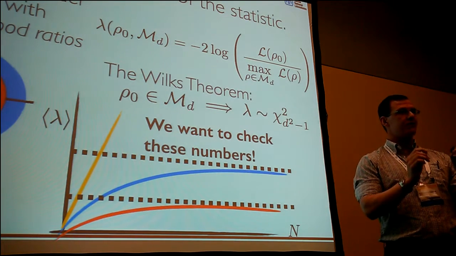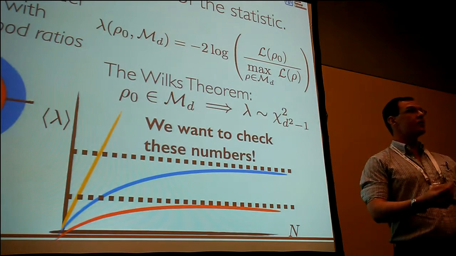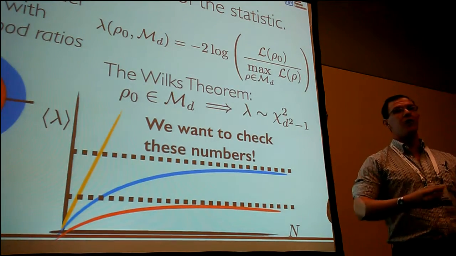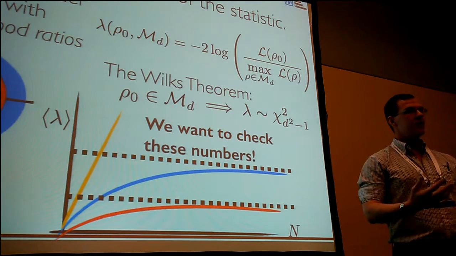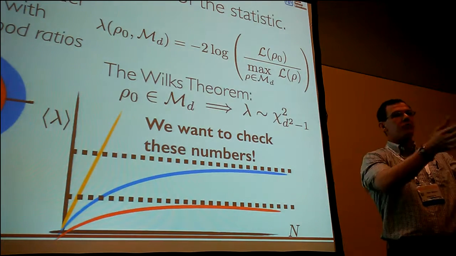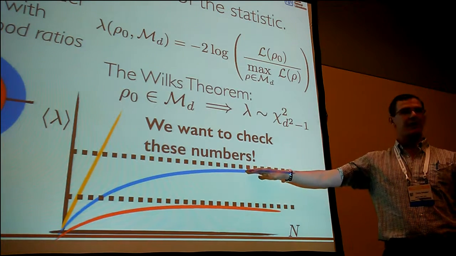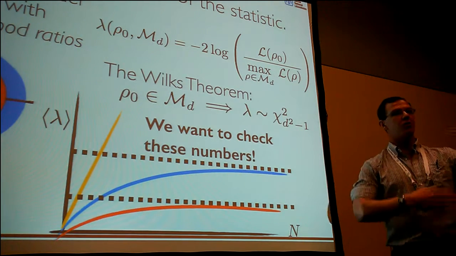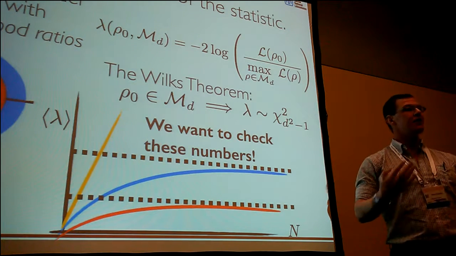And knowing its expected value when your model contains the truth provides you with a decision rule for determining whether or not your model does when you don't know if your model contains that truth. What do I mean? You could take some data, compute this statistic, compare that value to its expected value, and use that as a decision rule to add extra photons to your state if the data says that you need to.